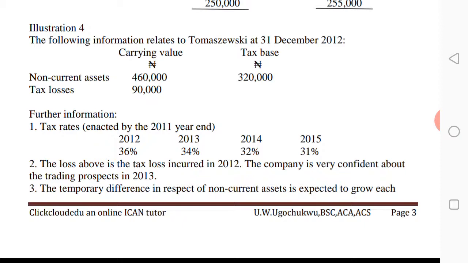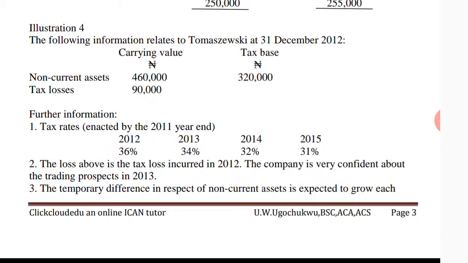in tax rate. When there is a change in tax rate, it means that when we are carrying forward our deferred tax, we must use the tax rate of that year. So let's look at this illustration just to understand that when we are given a different tax rate for different years, our deferred tax, because deferred tax is a non-current asset or liability, we must use the balance, the deferred tax that will be carried forward.